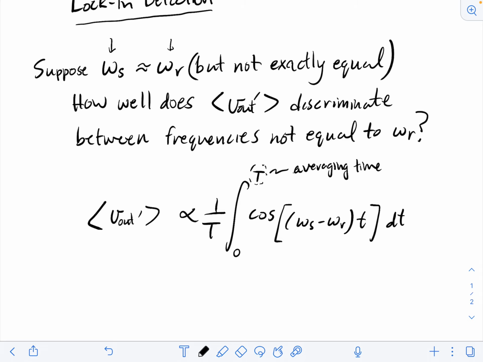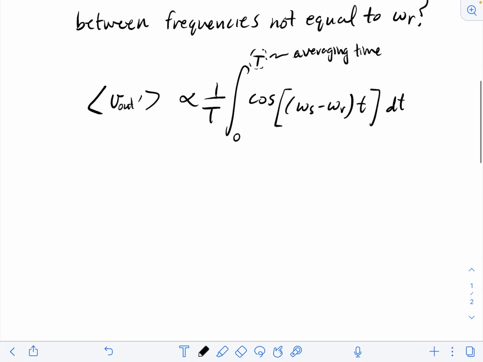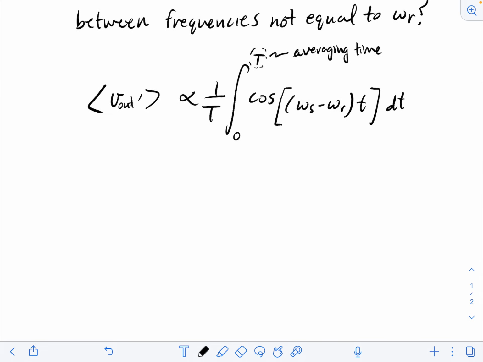Okay, but the cosine is a simple function. We could just evaluate this integral, and what we'll get is the 1 over T from out front. When we integrate the cosine, we get a sine function, but we also pick up a factor of 1 over omega s minus omega r.